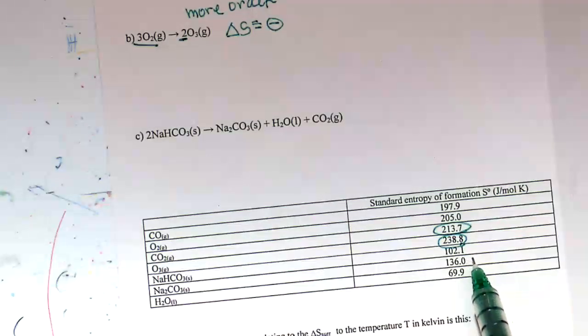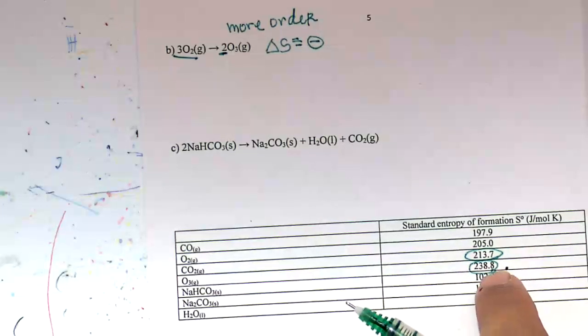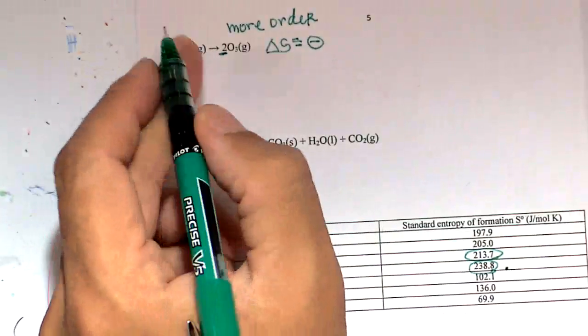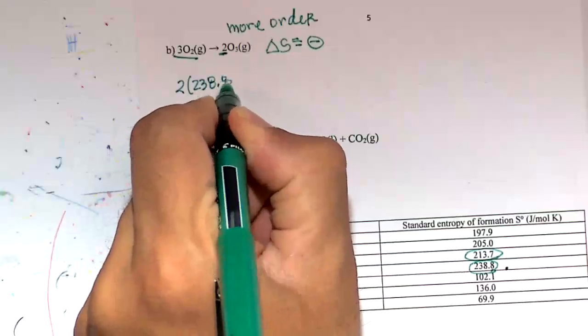So that's why you take the O3 and multiply it by 2. This is a number that you'll get from a textbook, or you'll be given. So 238. This is for 1 mole, but how many moles are there in the balanced equation? 2. So this is why you have to multiply it by 2.